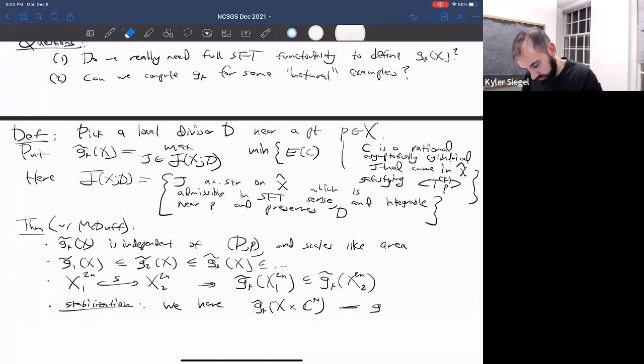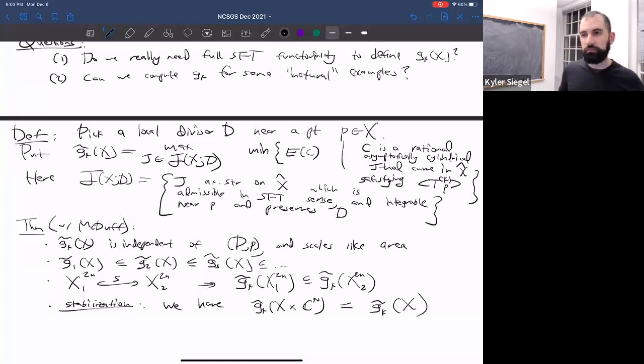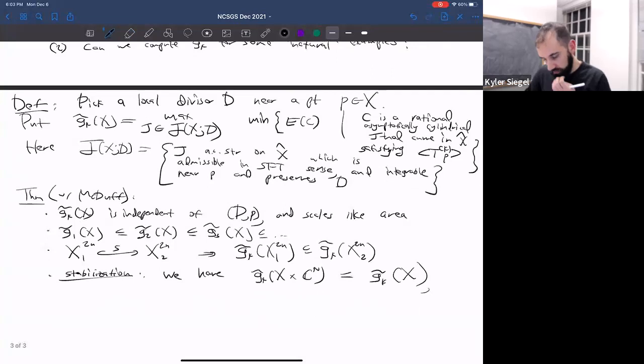So this is what you would like to be true. This is maybe morally true. But I don't know how to prove this in general. So we prove this under some slightly technical conditions.